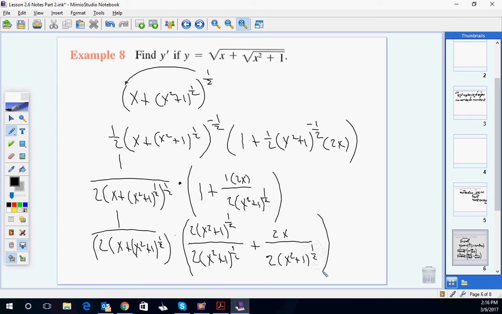Okay, so the step that I did here, the only thing I changed was I needed the bottom to be this for the 1. So remember, anything over itself is 1. So I wrote the same exact thing over itself with a common denominator. So I can now put these tops together. Once these tops are together, then we can actually multiply these and combine it to one fraction.